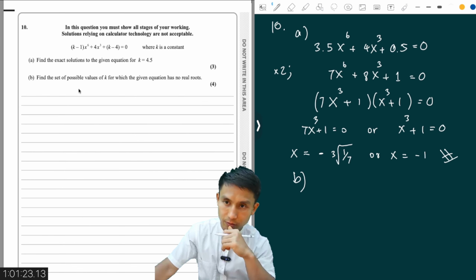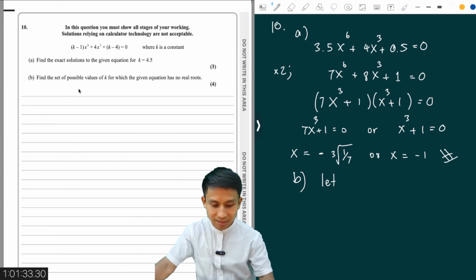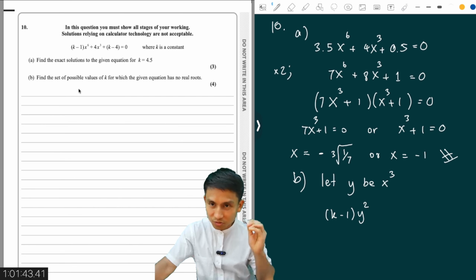Okay. So I think we can use the discriminant, right? Yeah. So this time I need to let y be x cubed. So we would have (k minus 1) y squared plus 4y plus (k minus 4) equals 0.